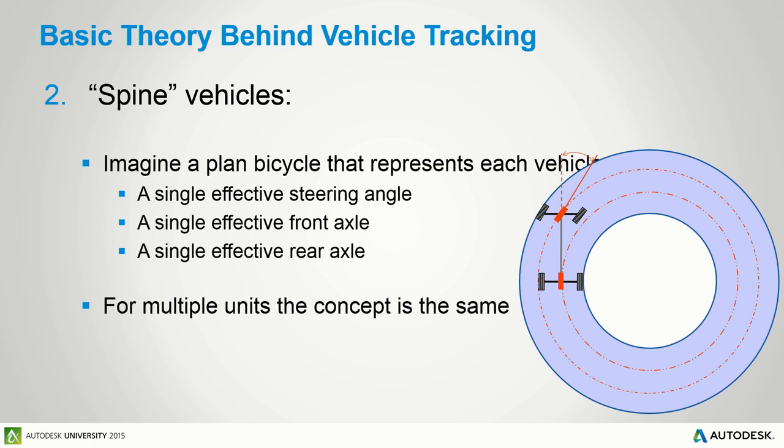Theoretically, we are taking a wheel in between both wheels on the left and right hand side, and we are creating a single effective steering angle, a single effective front axle, and a single effective rear axle.